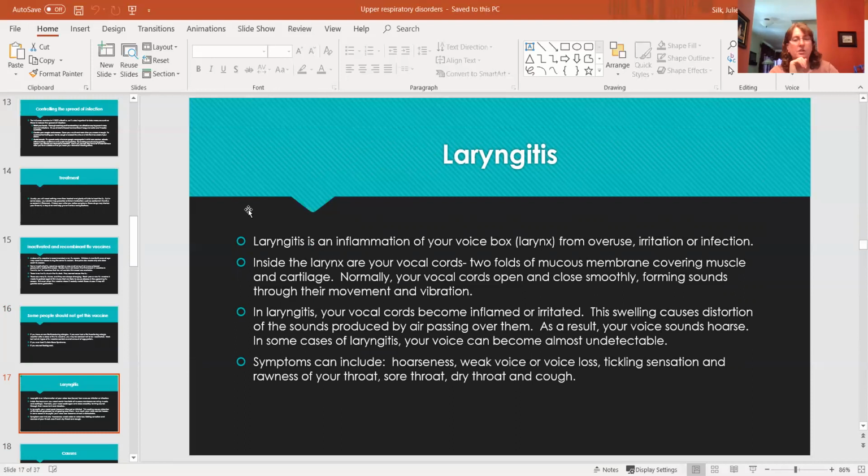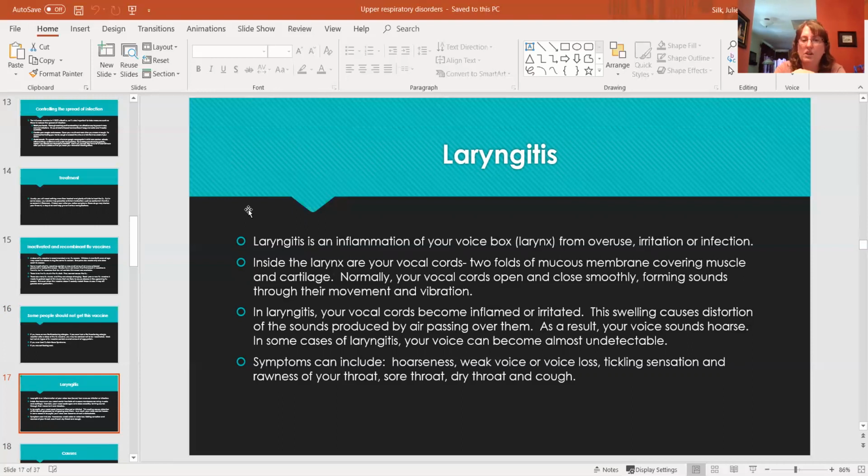Laryngitis is another upper respiratory problem that people can get. This is inflammation of your voice box from overuse or irritation or infection. Inside the larynx, you have your vocal cords, and normally your vocal cords open and close really smoothly, but when you have inflammation or irritation of those, you get swelling that causes distortion of the sounds produced by air passing over them.